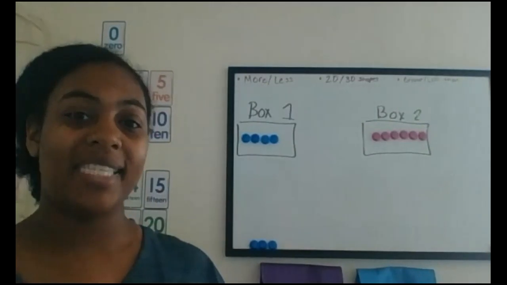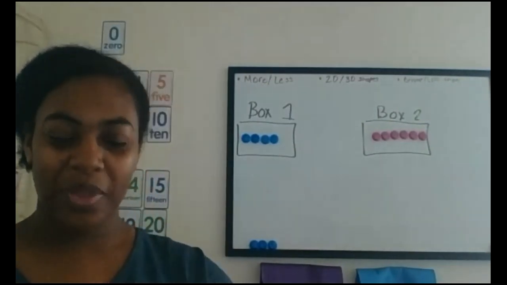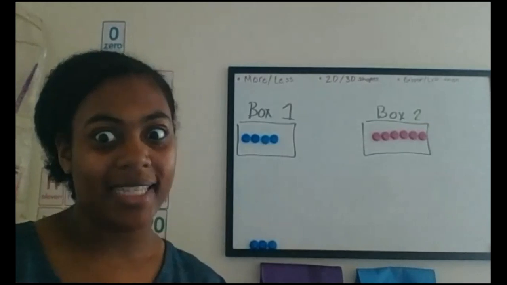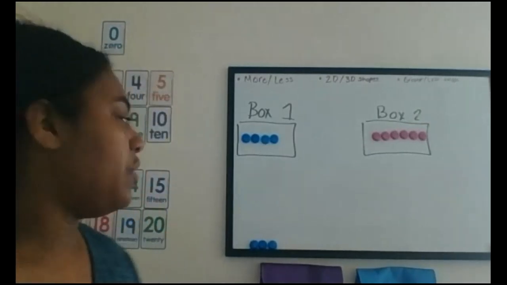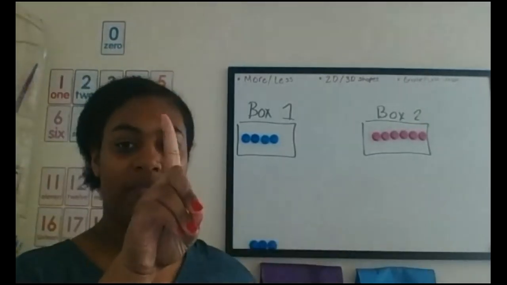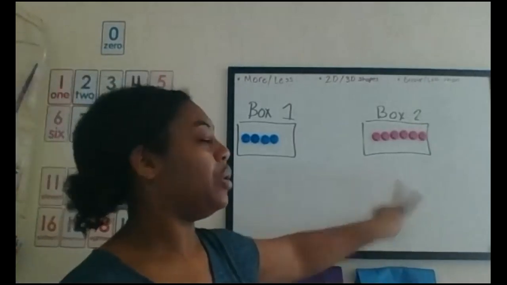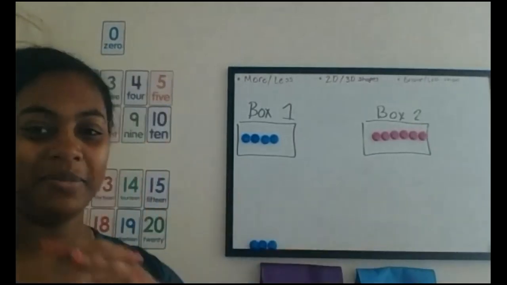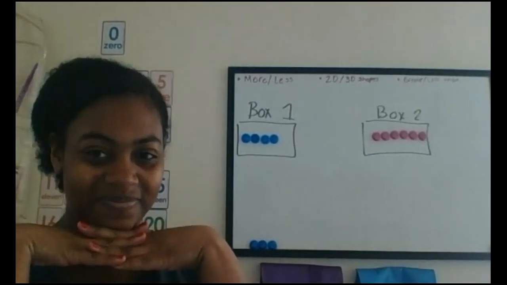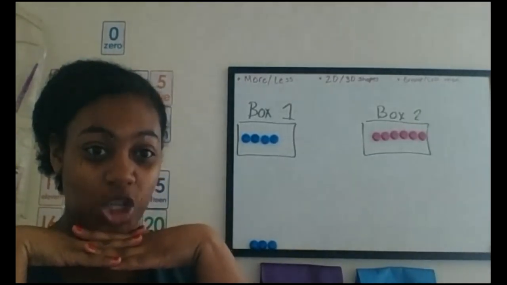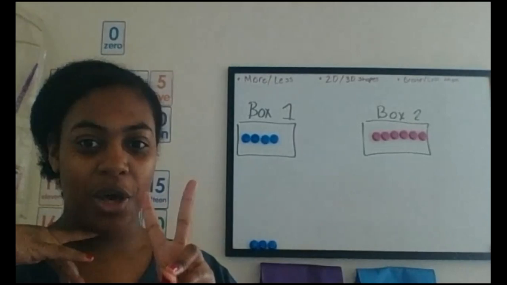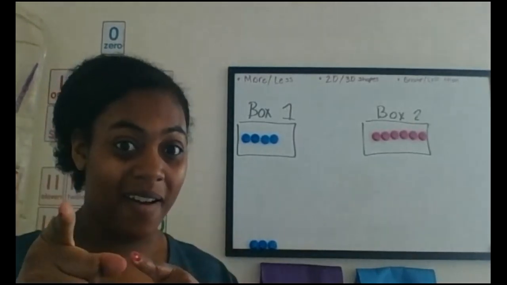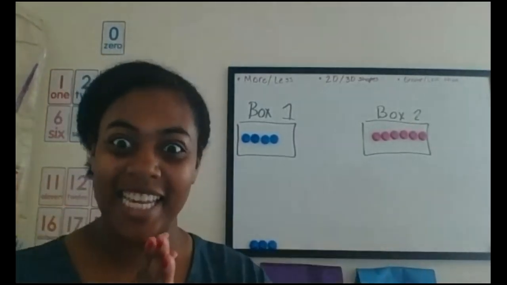Which box has less? If you think it's box 1, you hold up 1 finger. If you think it's box 2, you hold up 2 fingers. Show me in 3, 2, 1, go. Excellent.